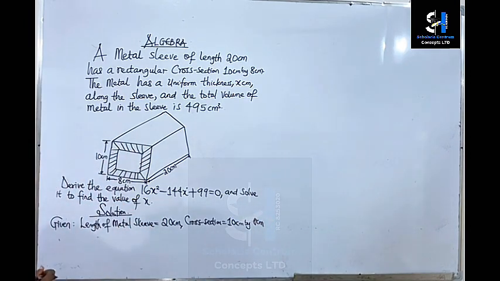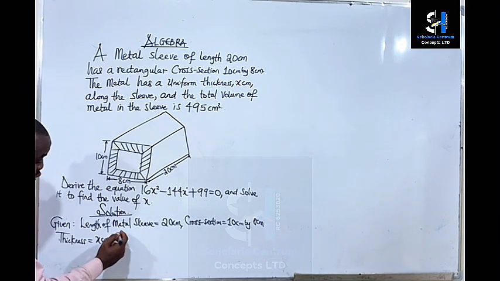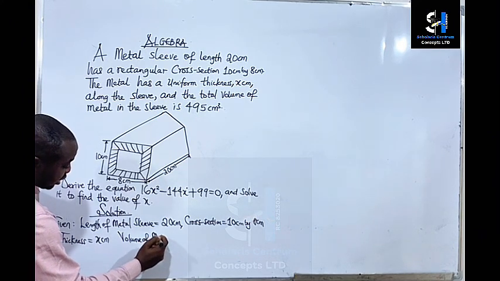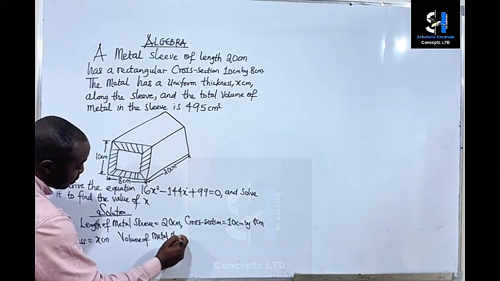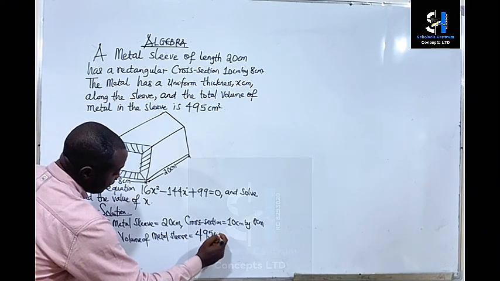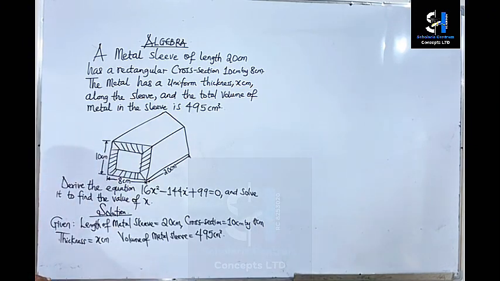The metal has a uniform thickness x, given to be x centimeters along the sleeve. And we are given the volume of the metal sleeve, which is the total volume, 495 cubic centimeters.